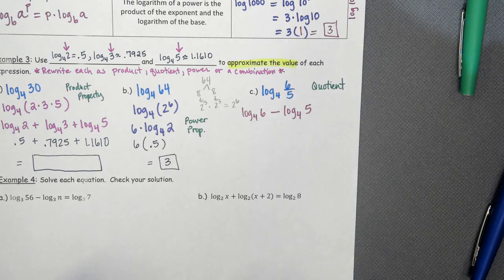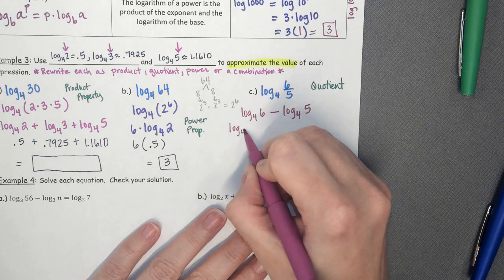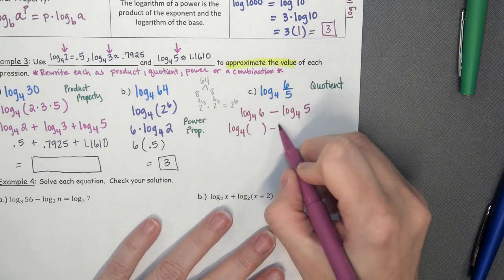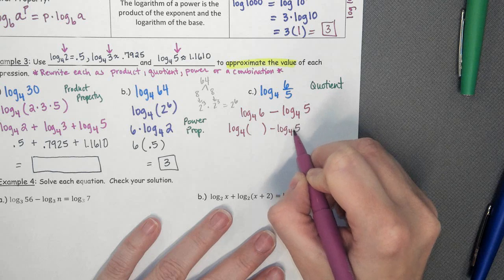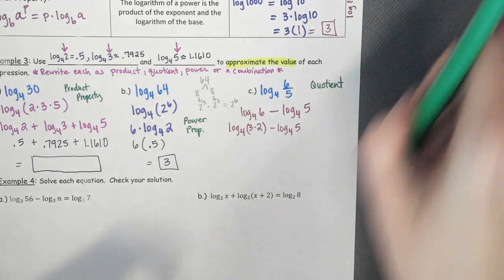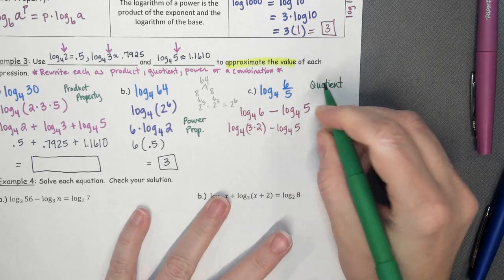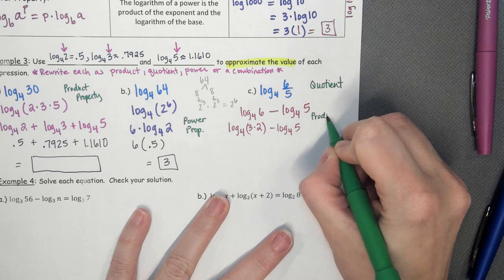No, but do we have something we can do to make 6? Yes, we can rewrite it as what? Yep, 3 times 2. Okay, so we use the quotient property and we use the product.